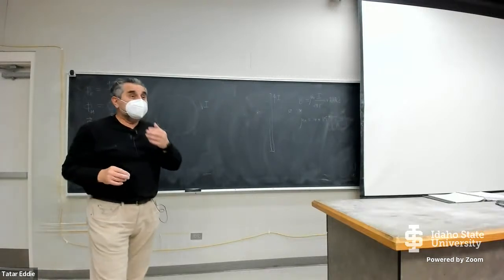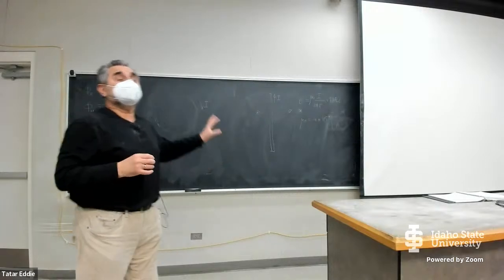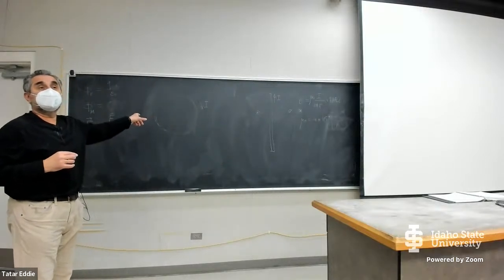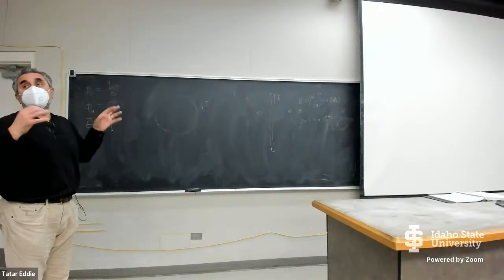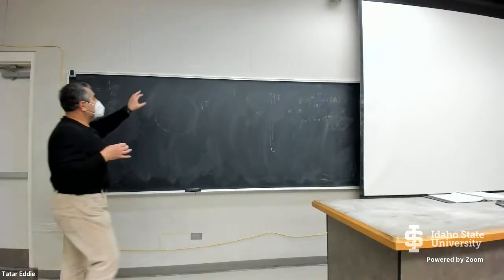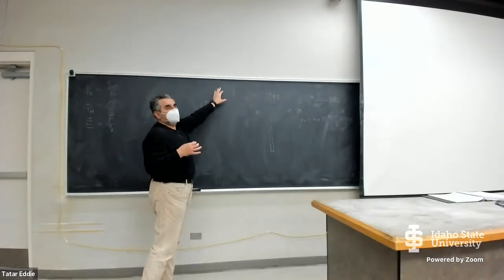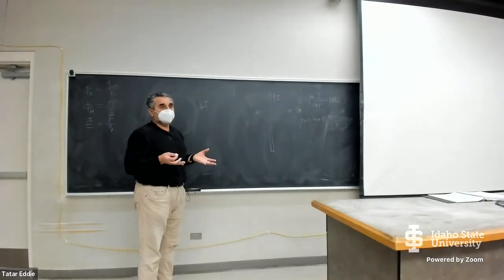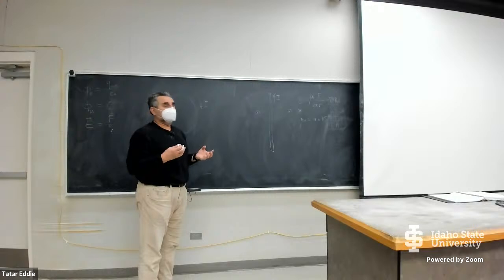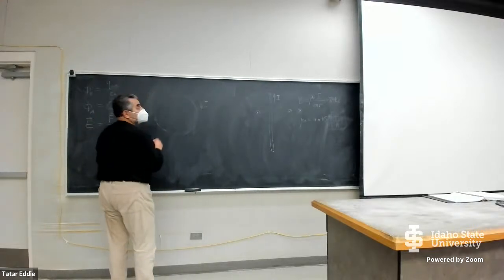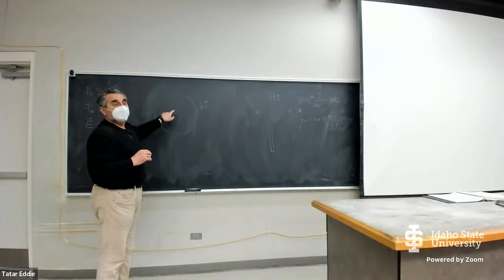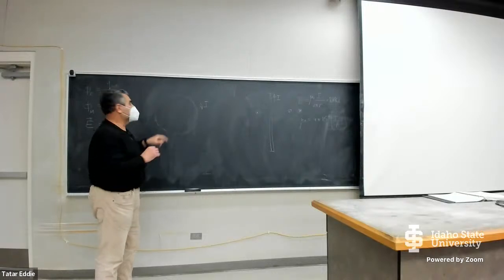The formula describing the magnetic field created by this circular loop current is really very ugly. At different points, the formula is very complicated, and we're not going to write it. But at some particular point, it is a simple formula.